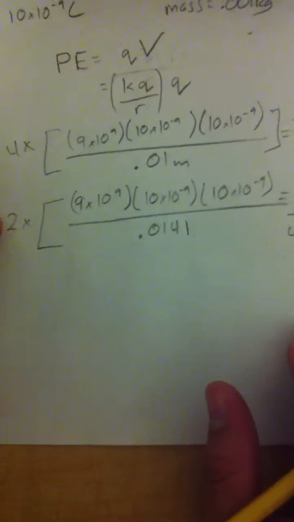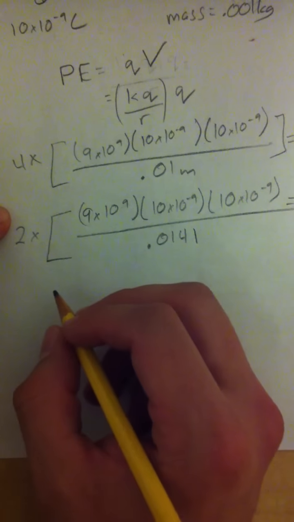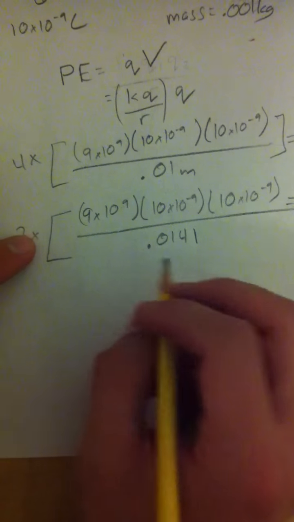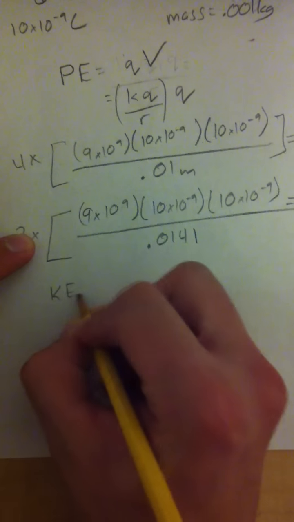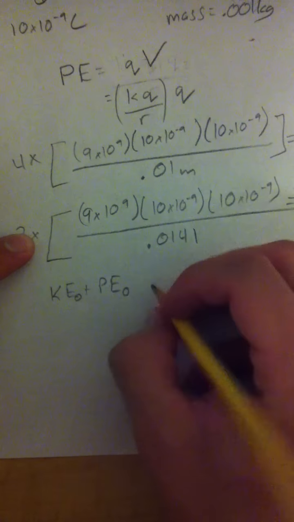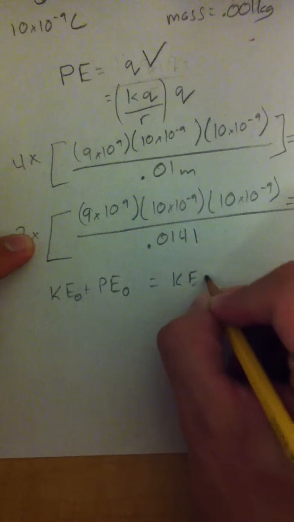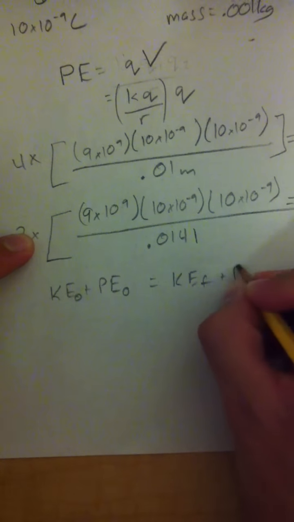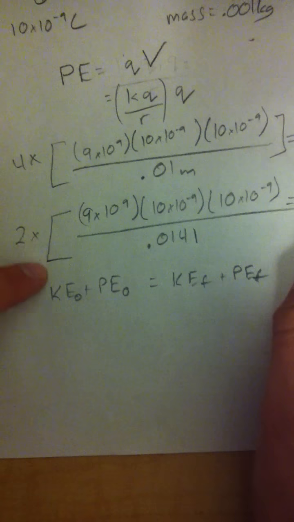Okay, we can set up our conservation of energy expression here. Kinetic energy plus potential energy initial equals kinetic energy plus potential energy final.